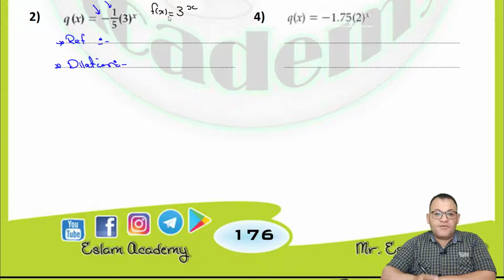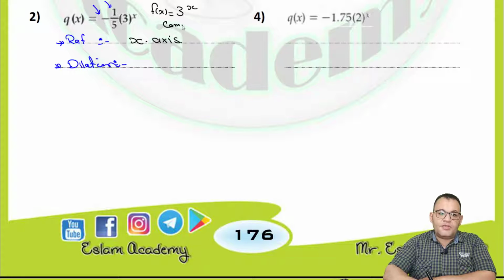Because you multiplied the function, meaning you multiplied by y, the reflection will be on the x-axis. Dilation: you multiply by a number more than 0 and less than 1 because it's a fraction, so it will be compressed vertically and stretched horizontally. You multiply by the function itself, so ignore the horizontal part, and it will be compressed vertically.